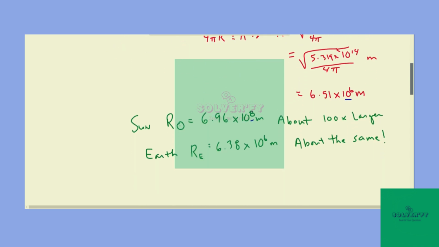If we want to compare the power of Sirius B to that of the sun, Sirius B puts out 10 to the 25th watts, and our sun puts out about 3 times 10 to the 26 watts.